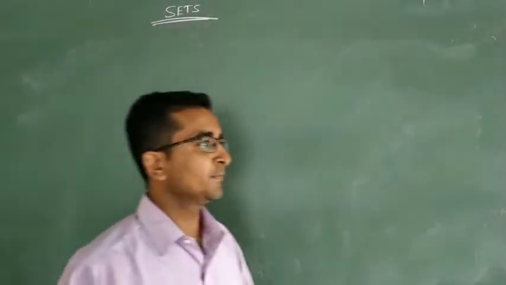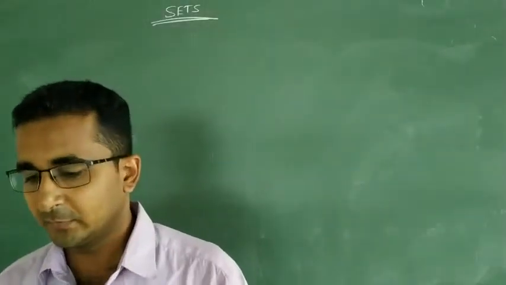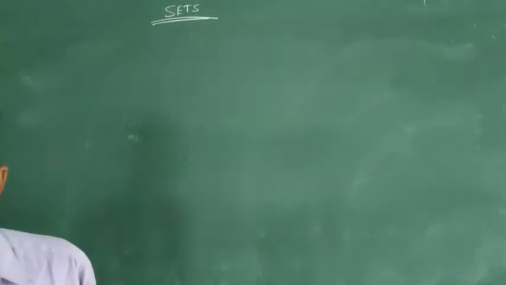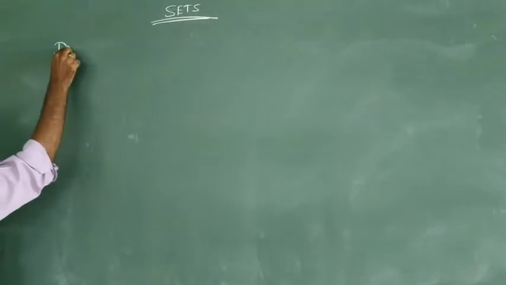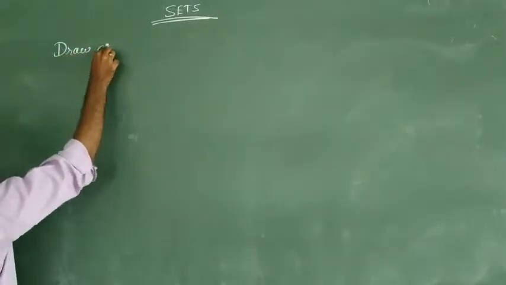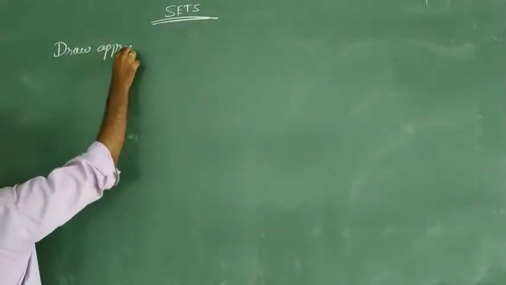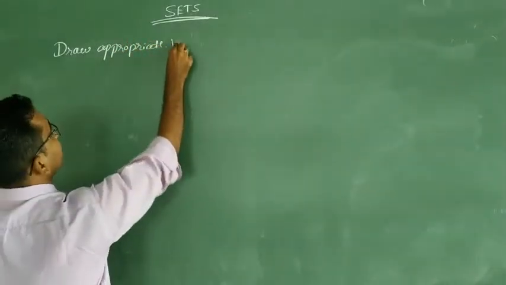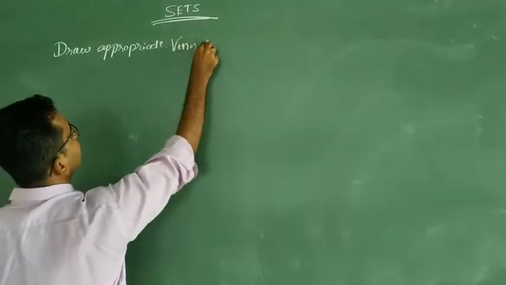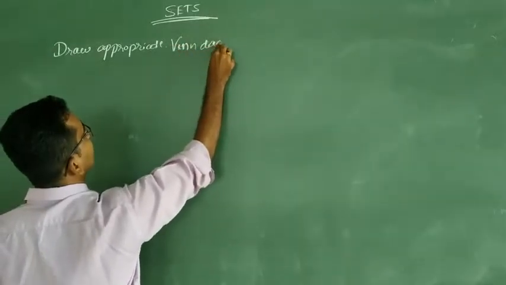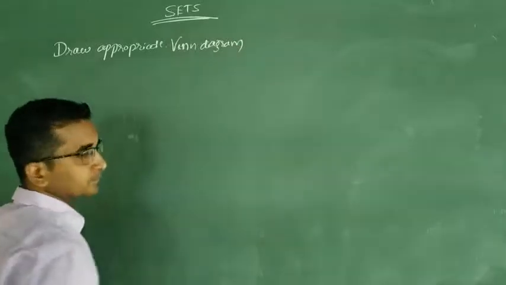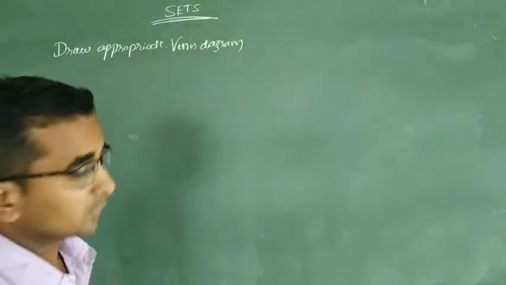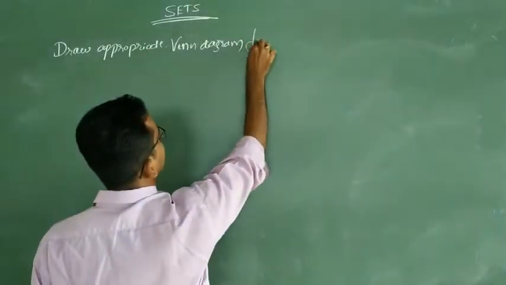Dear students, now I am going to continue some examples in set theory. The example is: draw the appropriate Venn diagram for each of the following.